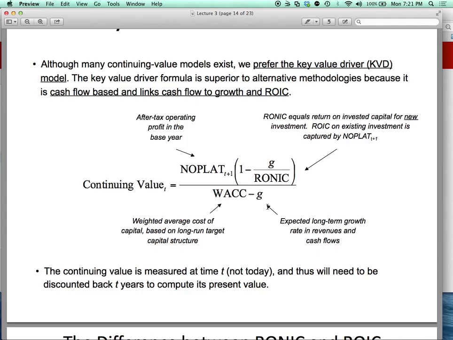By the way, what do I do with a LinkedIn? Because with a LinkedIn, they're not even making any money. How do I know how long it's going to take LinkedIn to be mature? We don't. So here's what we do. We use multiples. That's where multiple valuation comes in, is that multiples are linked to cash flow valuation. So when I have an early stage company and their cash flow is too hard to predict, then I use multiples instead of cash flows.